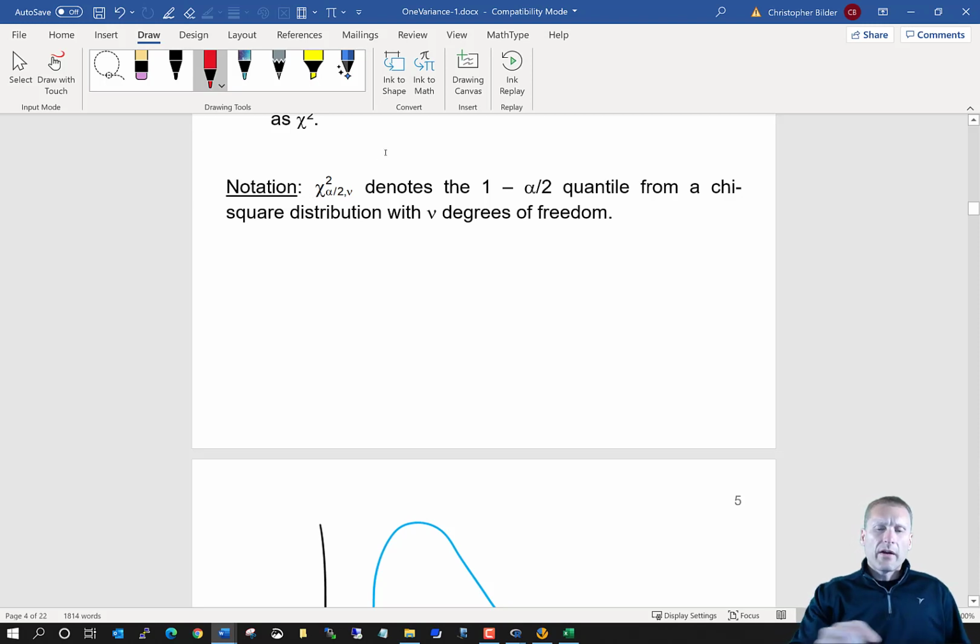We square it. That's just a symbol, okay? And then we have alpha divided by 2 in the subscript and also nu in the subscript. And what this denotes symbolically for us is the 1 minus alpha divided by 2 quantile from a chi-squared distribution with nu degrees of freedom.